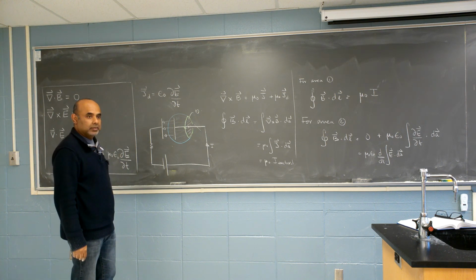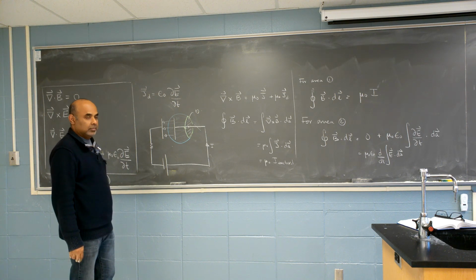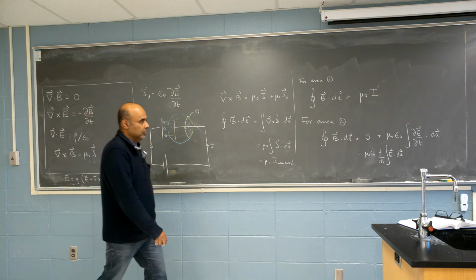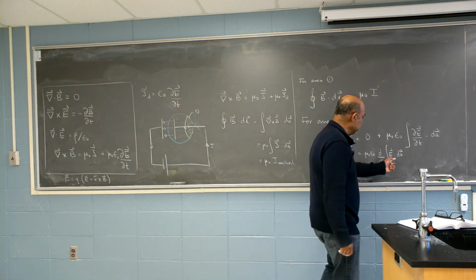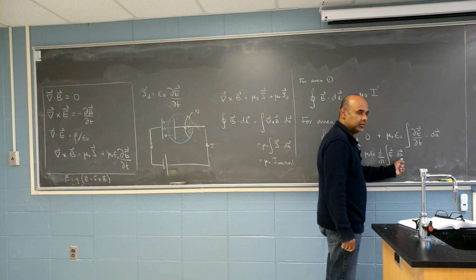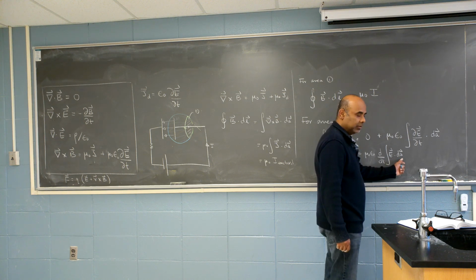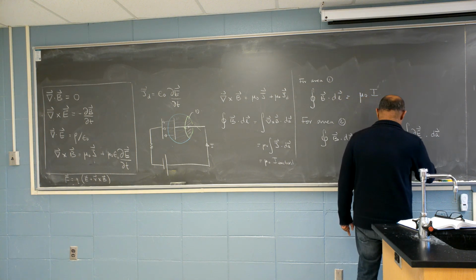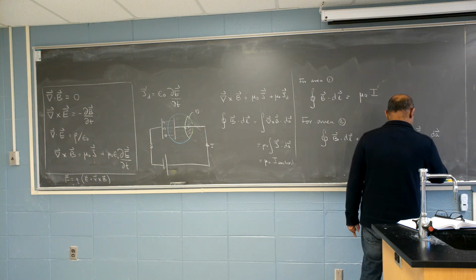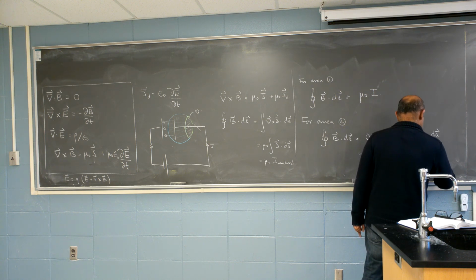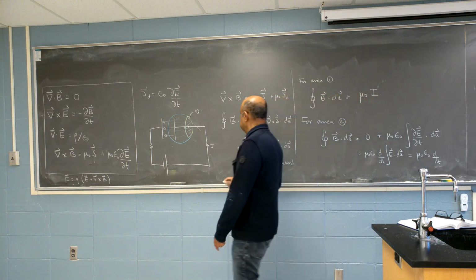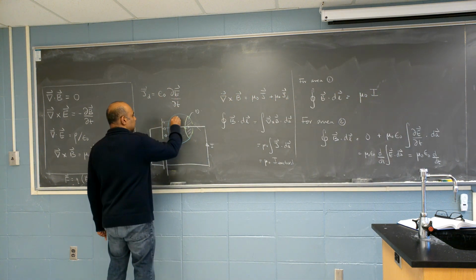Correct? This E dot dA is, what is it? Q over epsilon naught. Charge Q of this plate.